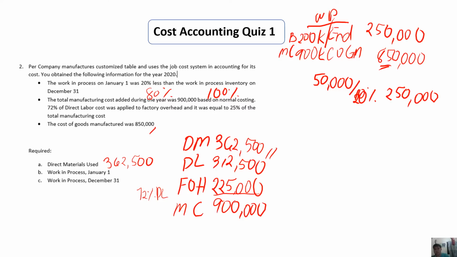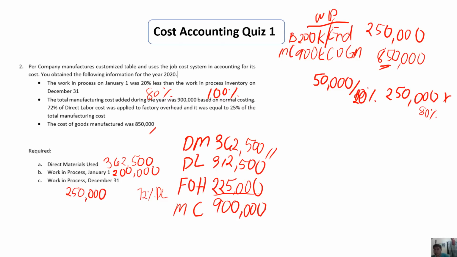To check kung tama ba yung 200,000, edi computein mo 250,000 pesos times 80%. Ang lalabas na result dyan, the same, which is 200,000 pesos. Therefore, the work in process beginning, ang ilalagay po natin dito ay 200,000 pesos. Tapos yung ending natin, naka-compute natin kanina, we have 250,000 pesos. So, yan po yung answer.